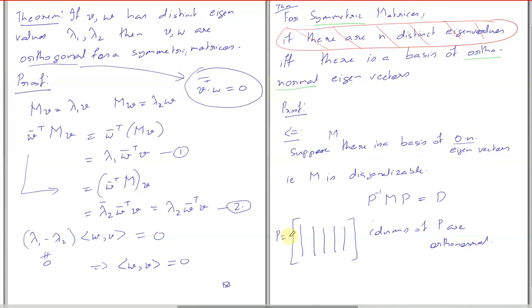If you are changing from an orthonormal basis, which is the standard basis, to another orthonormal basis, the columns as well as the rows of the change of basis matrix have to be orthonormal. So what is P inverse actually? P inverse is nothing but P transpose.